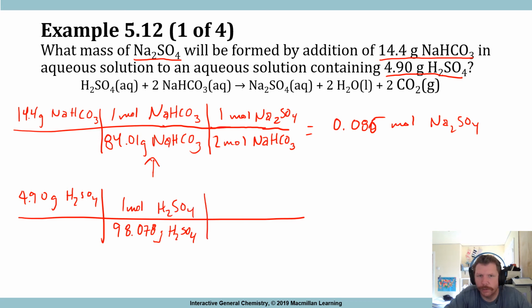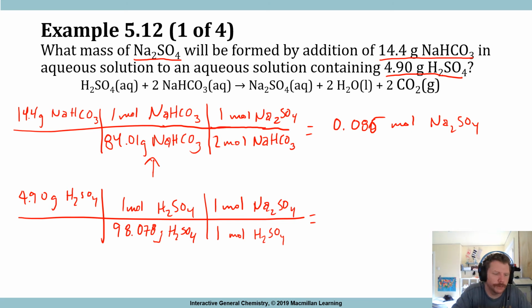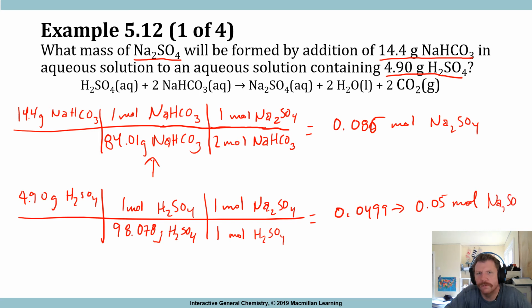Then I can use my balanced chemical reaction, which shows me 1 mole of H2SO4 will produce 1 mole of Na2SO4. So 4.9 times 1 times 1 divided by 98.078 equals 0.0499. Or I could call that 0.05. So which one's my limiting reactant? Well, it's going to be my H2SO4, because that produces a smaller number of moles of Na2SO4.